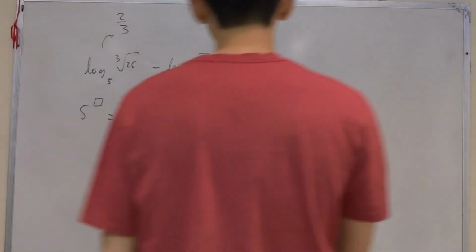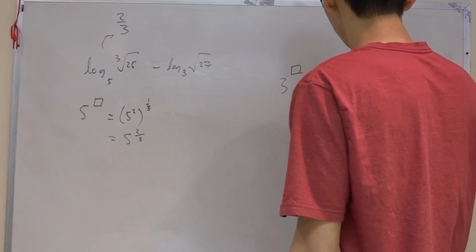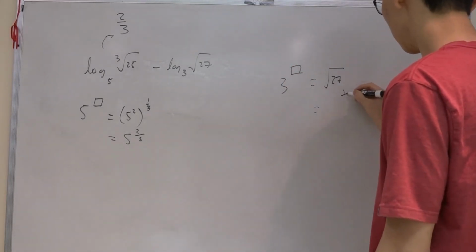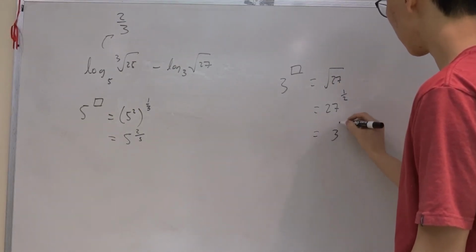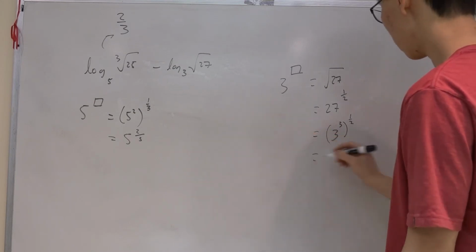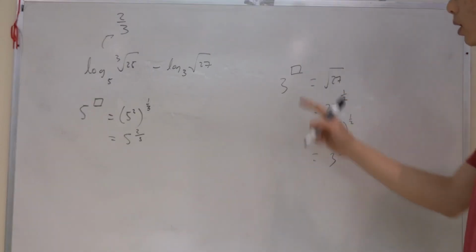Next, for this one, we are asking ourselves, what number do I have to raise 3 to in order to get root 27? Again, the first thing I want you to think about is to turn it into an exponent, and then notice that 27 is 3 cubed. Then, by the same law that we used there, we get 3 to the 3 over 2. And therefore the box here is 3 over 2.